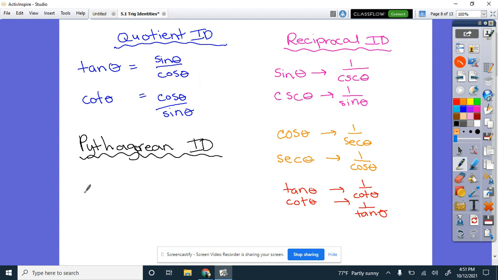The first one, the main one, is the most core simplified way of the Pythagorean theorem. If you think about it, the Pythagorean theorem is a squared plus b squared equals c squared. So there's a little bit of a pattern here. The first Pythagorean identity is sine squared theta plus cosine squared theta equals 1.